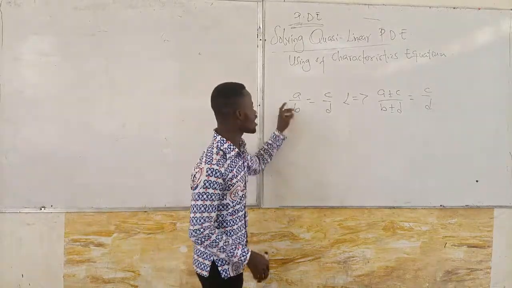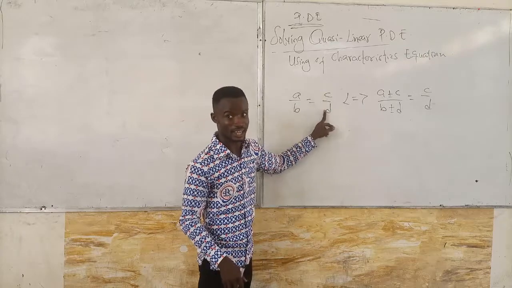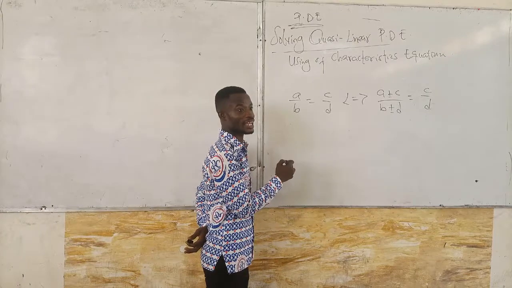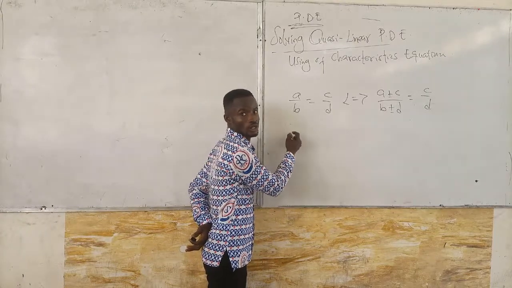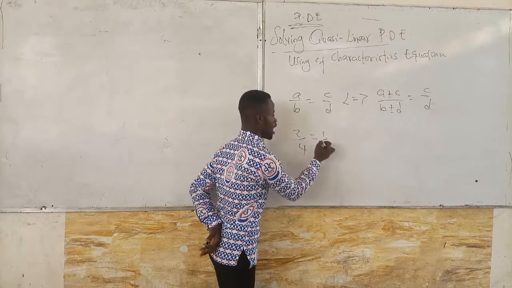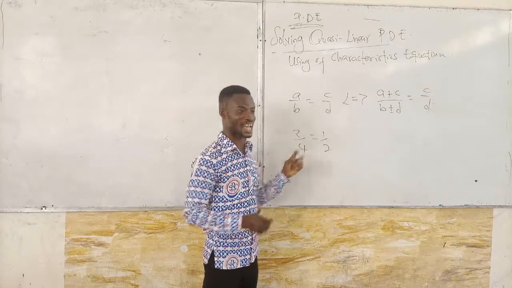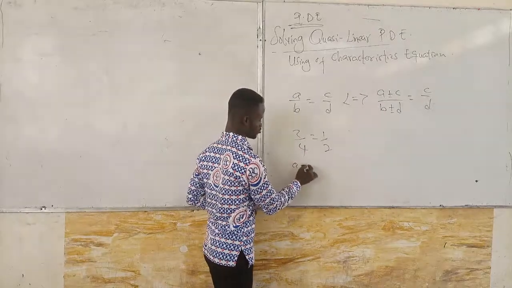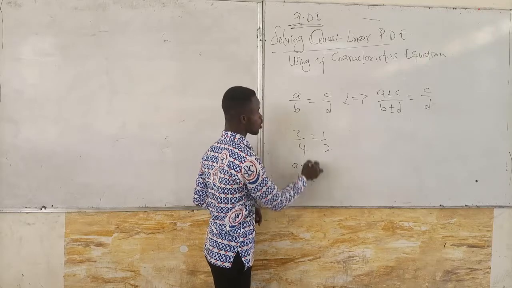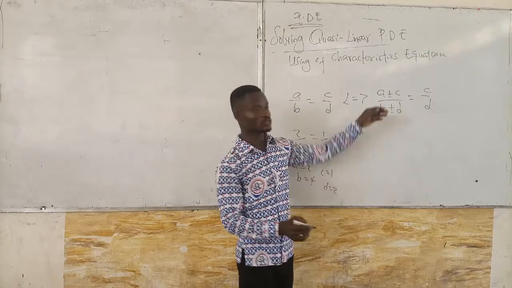Let's just use the first one: 2 over 4, and this 2 over 4 is the same as 1 over 2. So A is 2, B is 4, then C is what? D is what? Let's do the substitution.